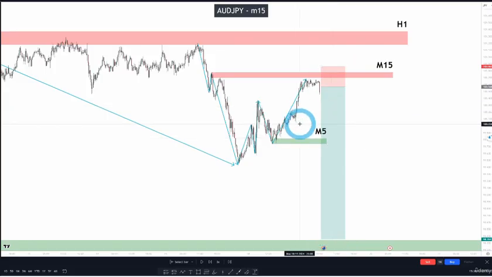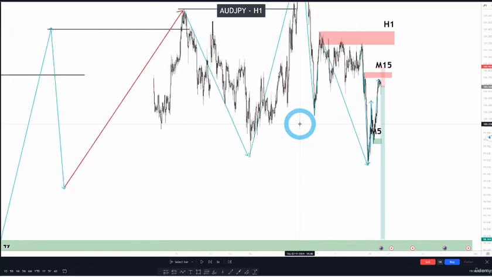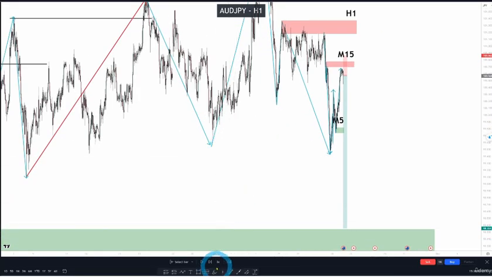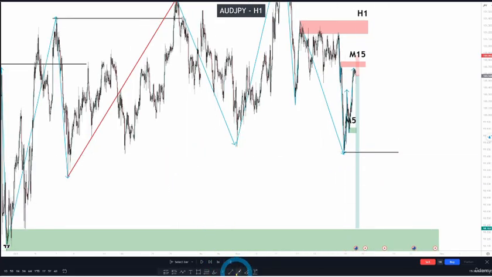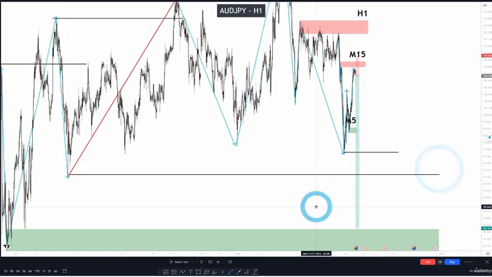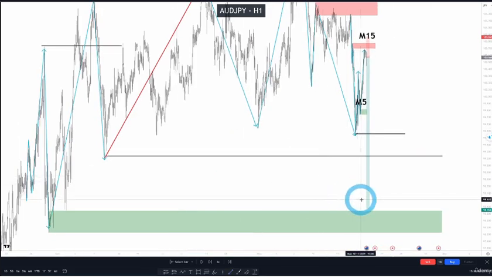As I explained to you before, some of the old key levels on the 1 hour time frame, the bigger time frame than our trading time frame, are also risky zones on the market. For example, the first zone right over here, the second zone right over here, and the third zone is our take profit place already.